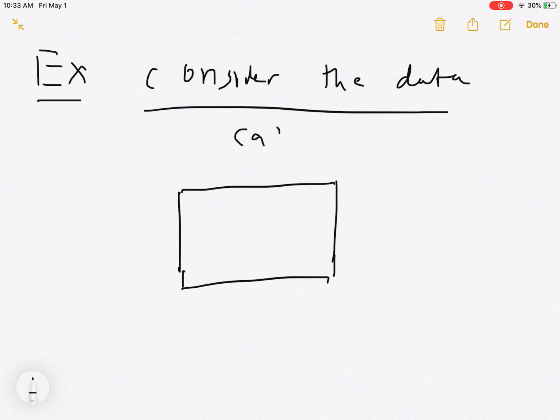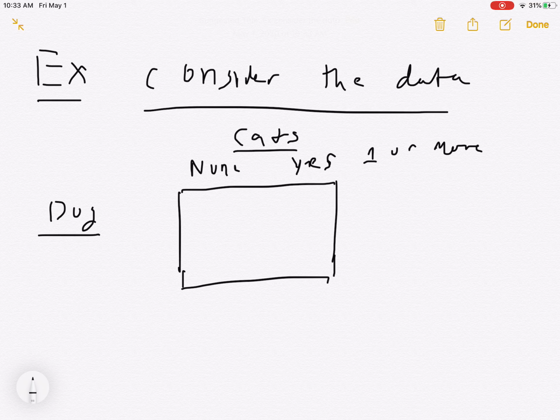So here's going to be cats data, and this is going to be none. And then this is going to be yes, which is one or more cat. And then here's going to be the dog data. And there's going to be none. And then there's going to be the yes category. Okay. And consider this data.